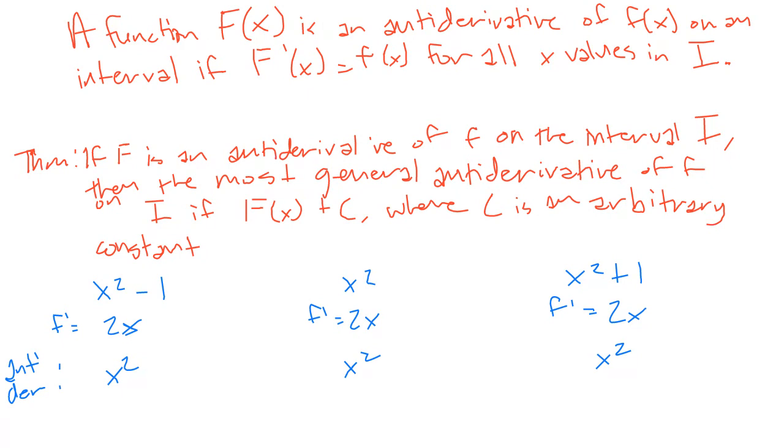But we are getting the same antiderivative for all of these. So we have to put a plus C whenever we take an antiderivative, because we don't know where that initial function started. That plus C indicates that there may have been some sort of y-intercept that's going to shift this function up or down. We just don't know what it is. That's the reason why we have to put that plus C.